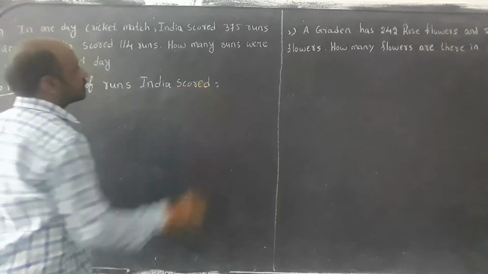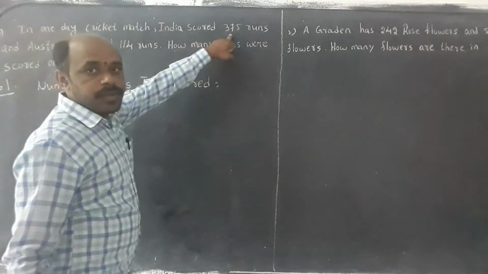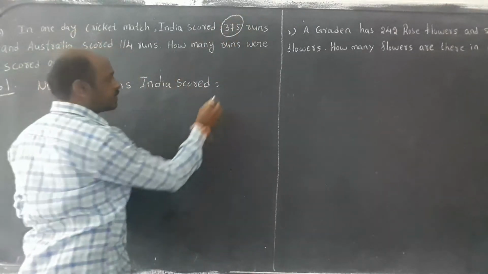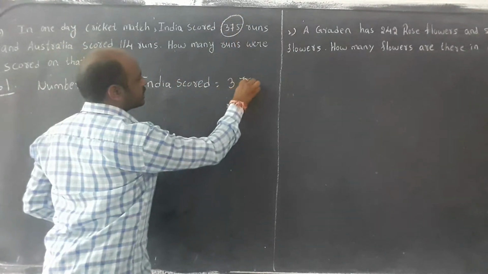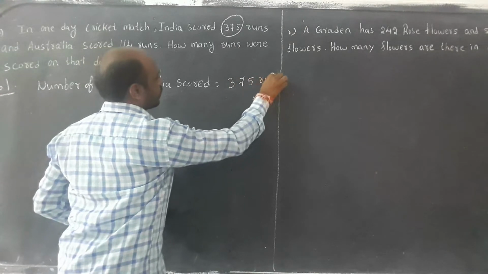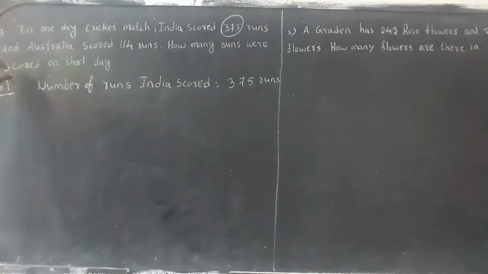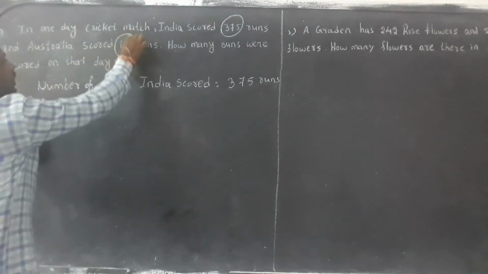How many runs did he give? 375 runs. Okay, India's statement is over. Next one is there: and Australia scored 114 runs.